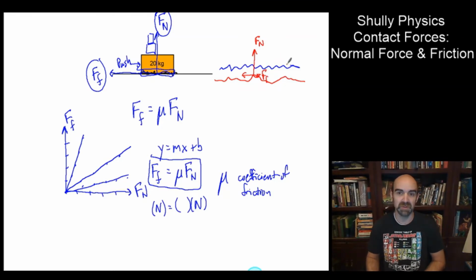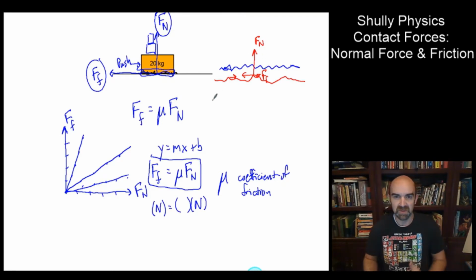If we try to push the block to the left, there's going to be friction to the right resisting it. The surface will push back: as this blue piece settles into that little spot, the blue is going to push the red forward, and the red is going to push the blue back. So there's an equal and opposite reaction force going on there also. That's the contact forces at the atomic level.